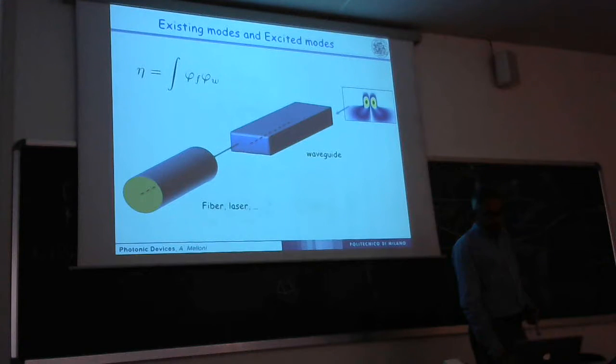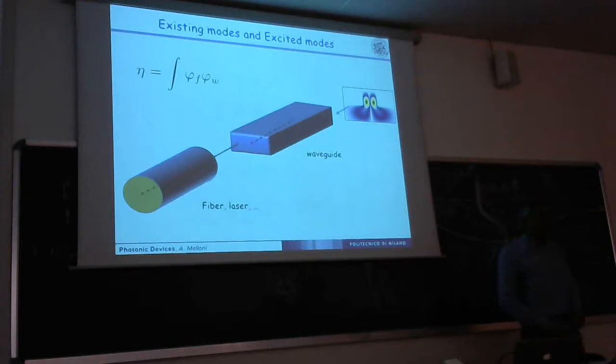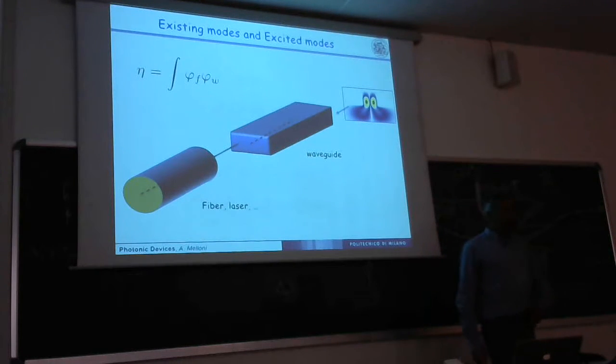So once again, we go back to the picture of the highway with the lanes. If there is a misalignment, like in this case, you excite another lane. You put the car in another lane, and then if it is single mode, then it's lost. If it's multi-mode, you excite the higher order mode that propagates in the waveguide. So this is a very important point, and is related to the packaging.